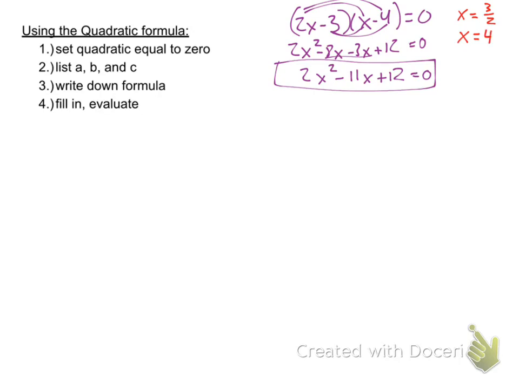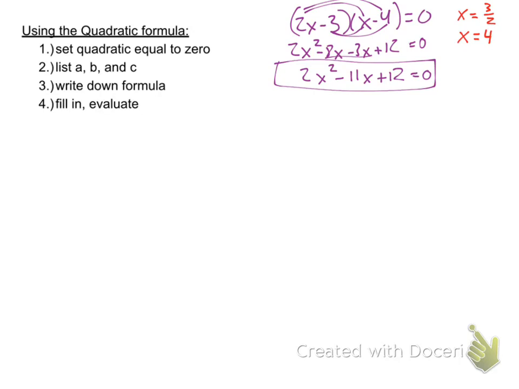Can you guys agree with that? If I set each one of those top factors equal to 0. So what we're going to do today, guys, is take the quadratic here and apply the quadratic formula to it, and that's going to allow us to find the exact same x values. The zeros are the functions, the factors, and all of those things.